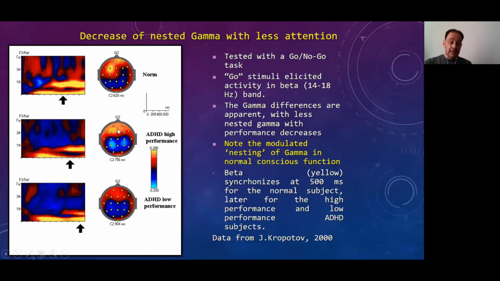Now, for the individual with the ADHD high performance, there is a lot less red and a lot less yellow. So his nesting and his coupling are not the same way as the normal individual, meaning this brain is struggling to process information, and it takes him 756 milliseconds, 136 milliseconds slower than the normal individual, to press the button once they see the red dot on the screen.